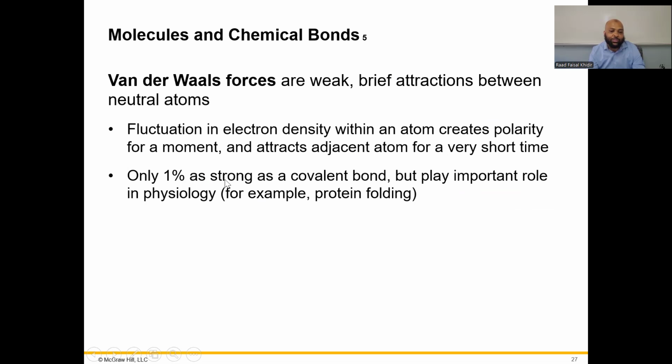So only 1% as strong as the covalent bond, but they play an important role in physiology. So that's also important in protein folding. So remember that van der Waals forces are weak, temporary attractions between neutral atoms, fluctuations in the electron density within an atom that create the polarity for a moment.